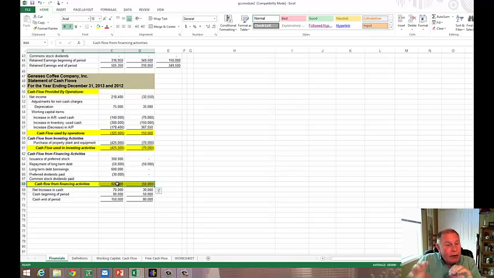So they had to go out and fund this growth in operations, this investment in the fixed assets they purchased, and they did that by issuing preferred stock equity and by borrowing money. They did do some repayment of debt, and they paid dividends.